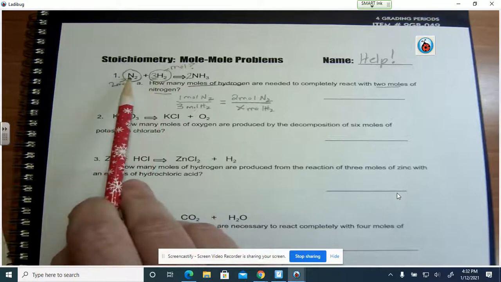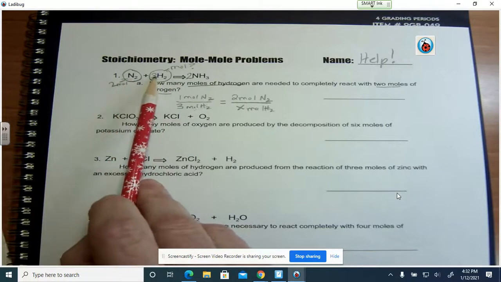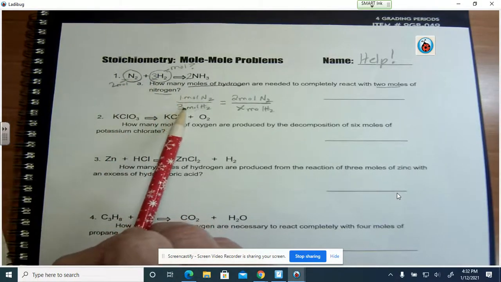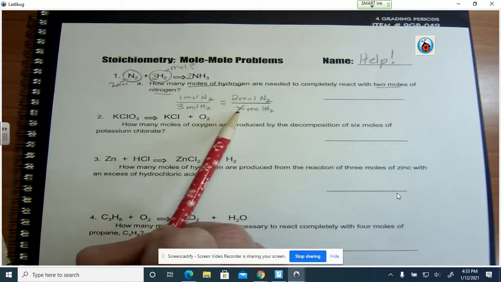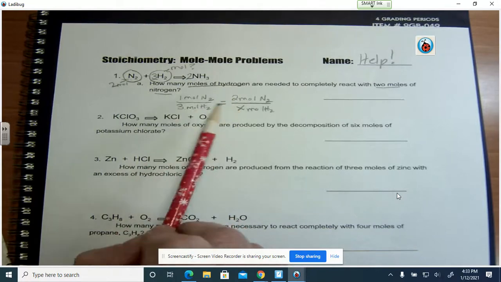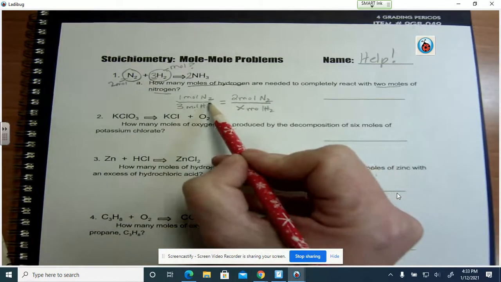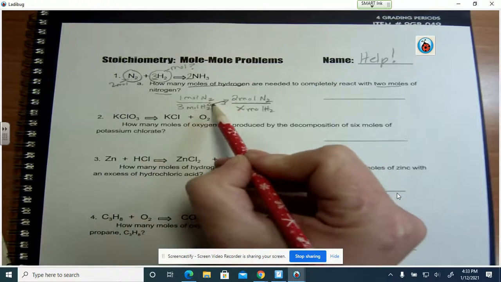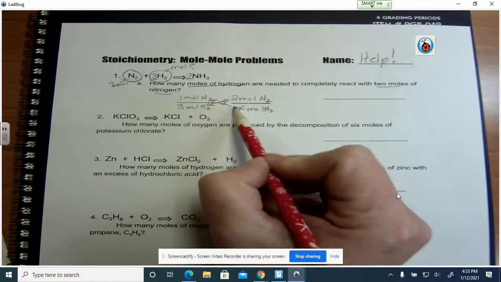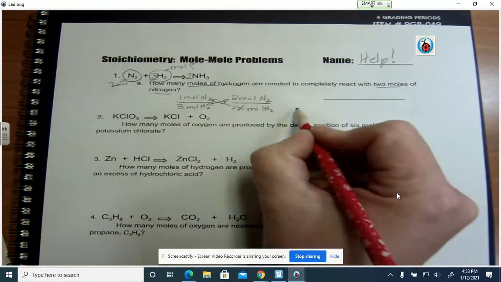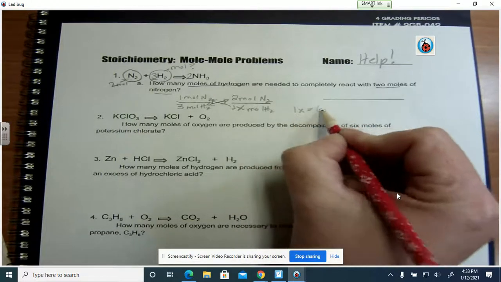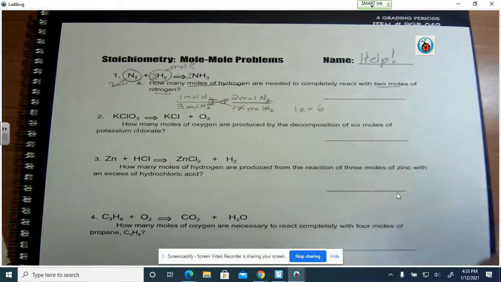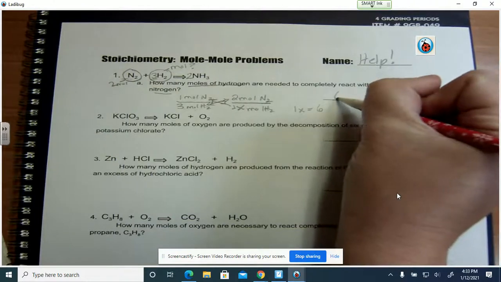Again, in the original equation, I know it's a 1:3 ratio, so for every one of these, I'm going to have triple the amount of hydrogen moles. All I'm going to do with this information is cross multiply and solve for X. So 1 times X is equal to 6, and my final answer is just going to be 6.